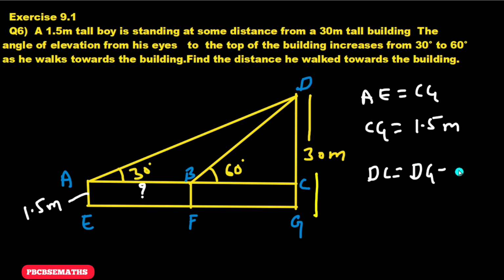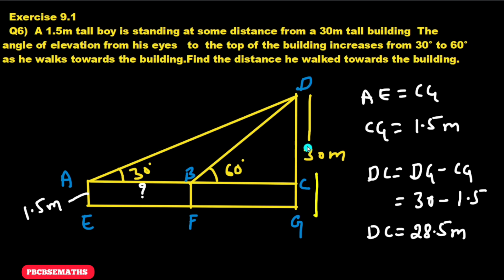The length of DG, the height of that tower, is given as 30 meters, and CG is 1.5 meters. So 30 minus 1.5 gives us 28.5 meters. That is the length of DC.